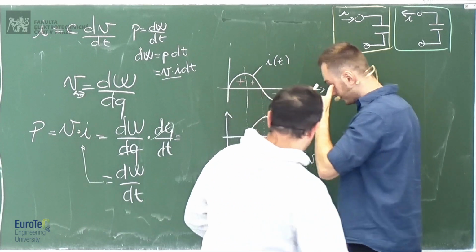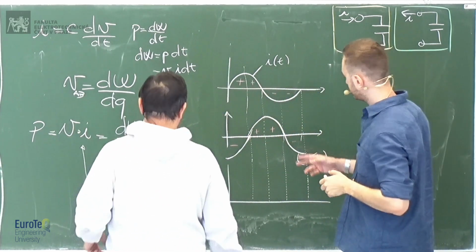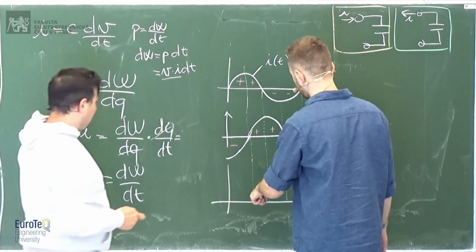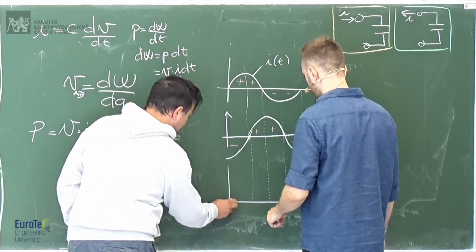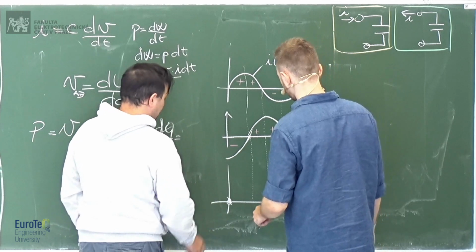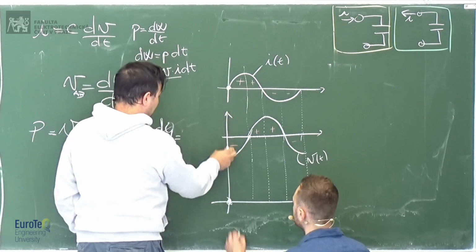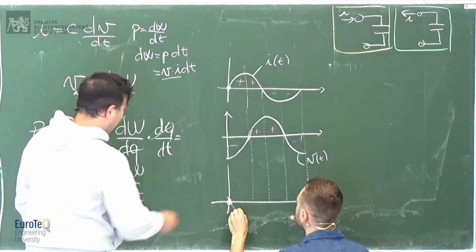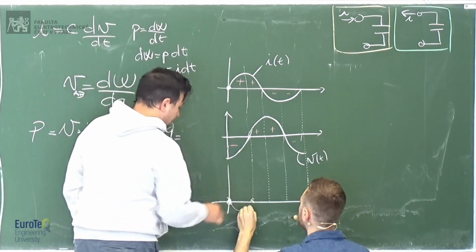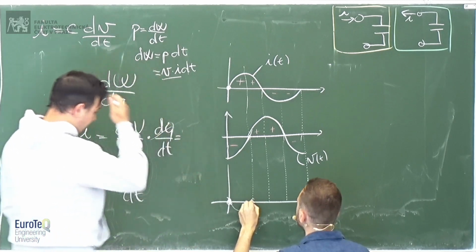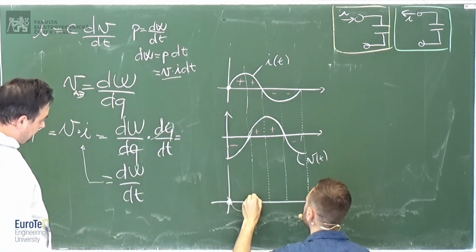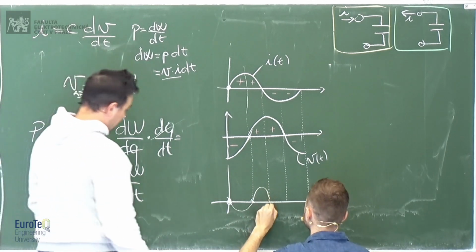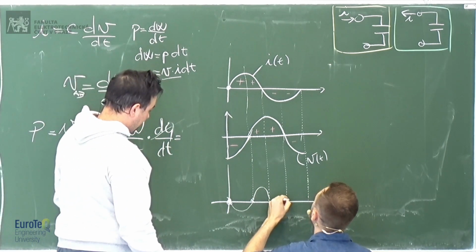Okay, so what am I going to draw here? I'm going to draw the voltage times current. Well, this is going to be negative. And here the value is 0, because you have 0 current times voltage. And here is going to be also 0. And then positive, and then negative.